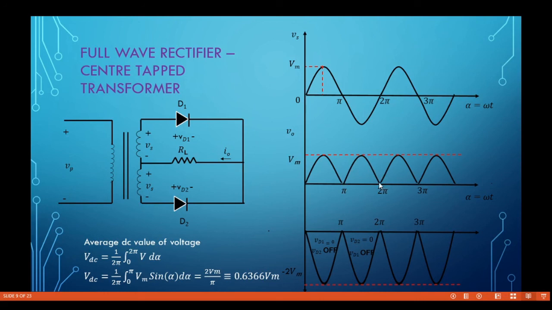Similarly, in the next cycle from 2 pi to 3 pi, D1 will conduct, and from 3 pi to 4 pi only D2 will conduct, right? So for the average DC value of the voltage, we can calculate again with the same formula which we used earlier in the half wave rectifier, that is 1 upon 2 pi times the integral of V d alpha.